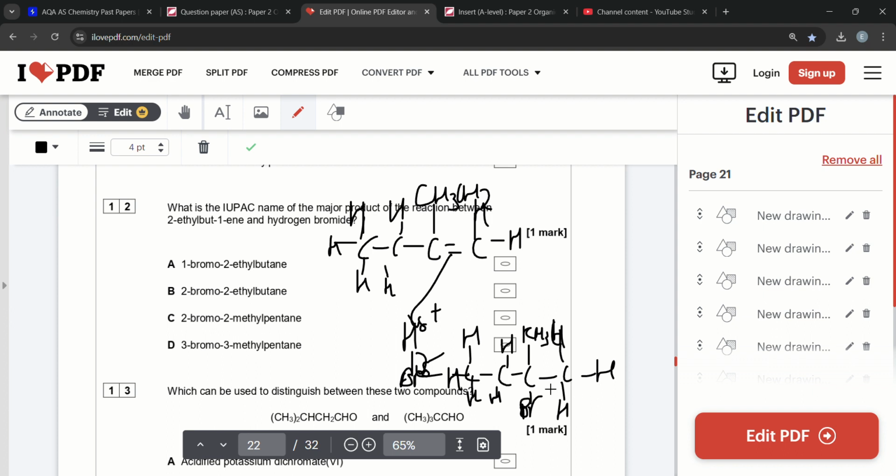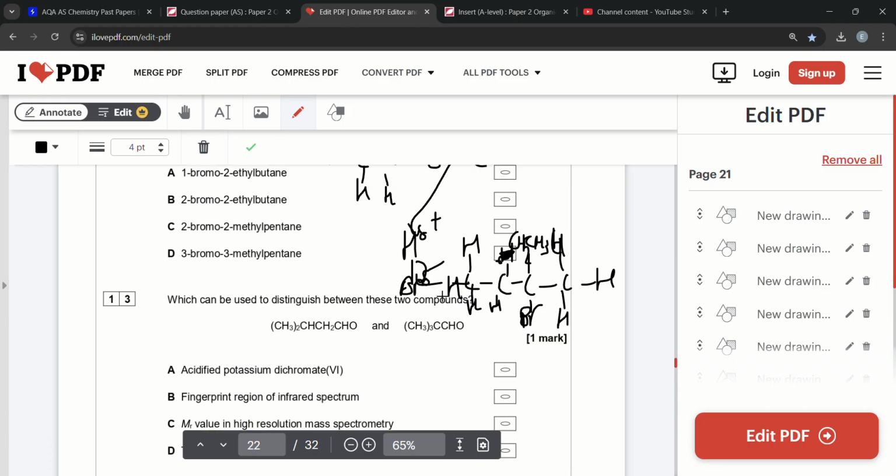That's 2-bromo, and obviously CH3, CH2. 2-bromo, 2-ethylbutene. It's going to be 3-bromo, 3-methylpentane. I probably did that a bit wrong.